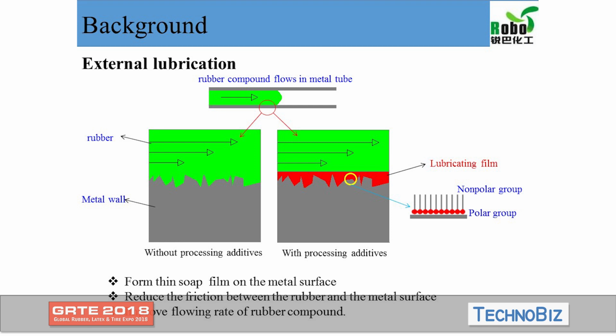And the film is quite stable and withstands relatively high shear rate. So the thin lubricating film will greatly reduce the friction between the rubber and the metal surface, and it can significantly improve the flow rate of rubber compound. This is called the external lubrication effect.